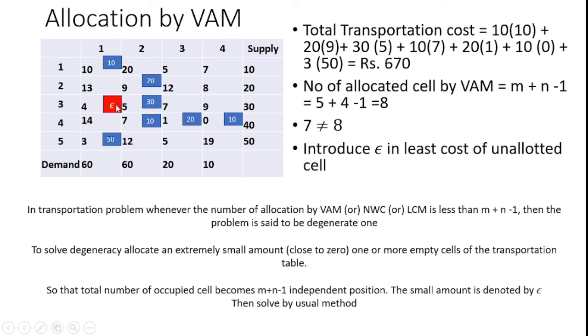So we can increase the allotted cells in the given problem matrix. From this we can convert the problem to satisfy the condition m plus n minus 1 is equal to the number of allotted cells. We can solve the problem by the usual method after that. Thank you all. Now you can understand what is meant by degeneracy in the transportation model.